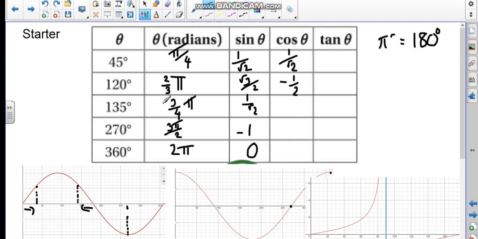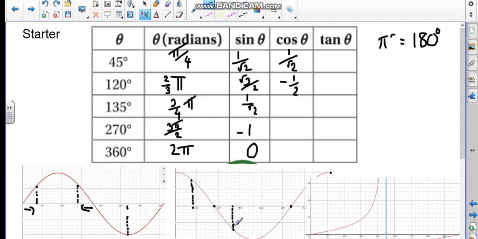Okay, so if we look for cos 135, so we've got 90 here, so 100, 110, 120, 130, 135 is going to be about here. Okay, and again, because of the rotational symmetry, there's going to be a value somewhere over here that is going to be the positive of this value here.